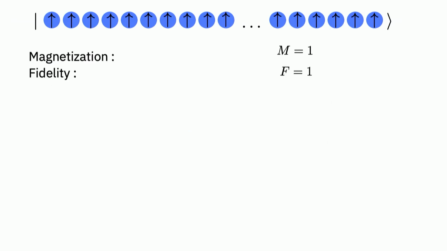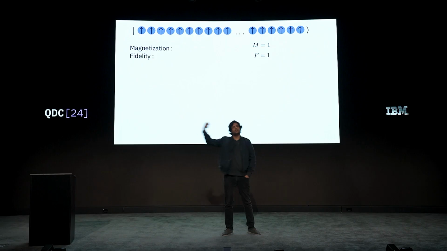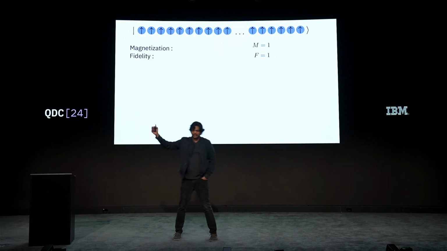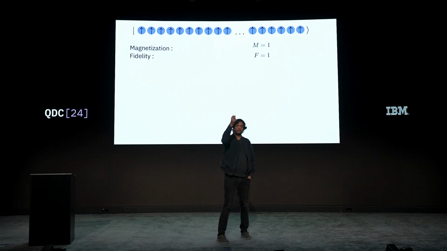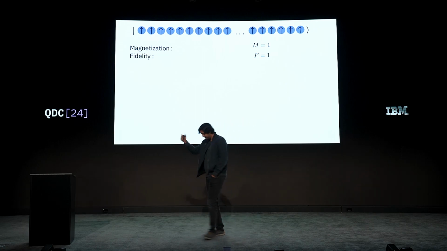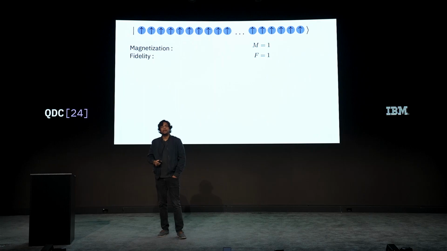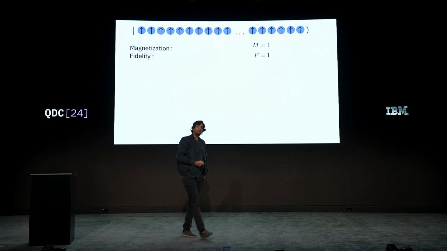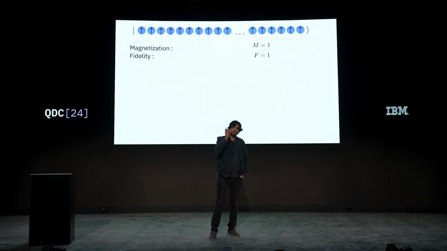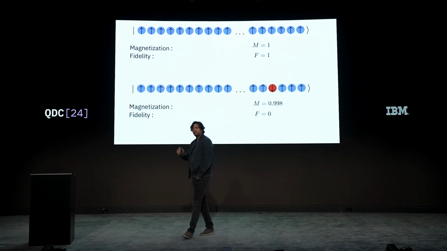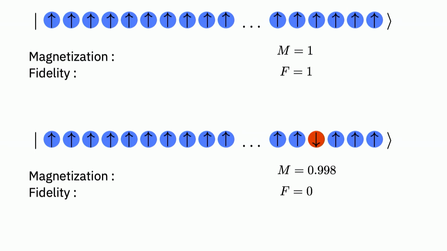Okay, and to further build some more intuition for this, this is one example I really like to talk about often. Let's imagine that we had about 100 different spins, and they're all magnetized in the same direction. So you have 100 spins, all pointing up. And if you asked what the uniform magnetization is, normalized, that's 1. Okay. Now, if there was one small error that flipped one of these spins, and I asked what the overlap is, well, the fidelity is now 0.